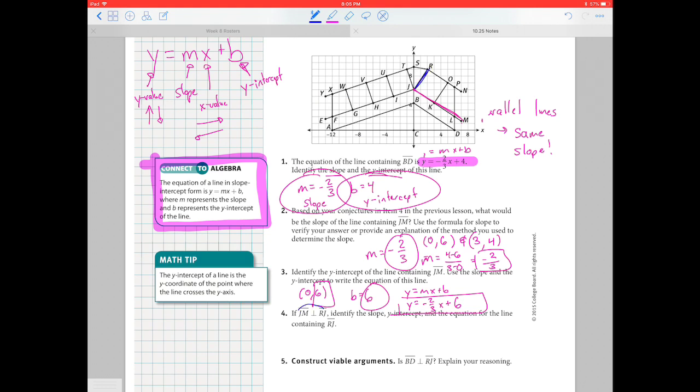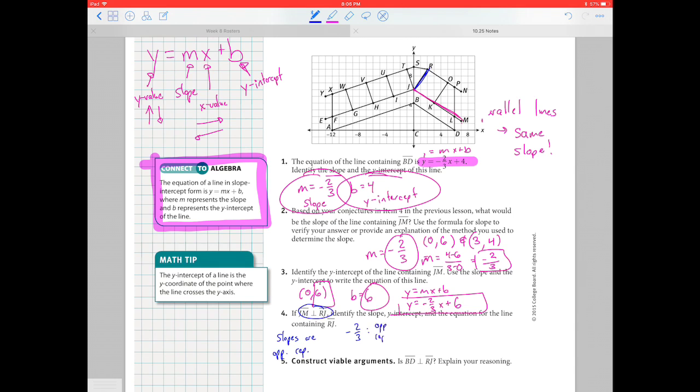The book tells us that they're perpendicular, so that means their slopes are opposite reciprocals. So that could help us out here. We already know the slope of JM. We said that was negative 2/3. So we want to find the opposite reciprocal of that.